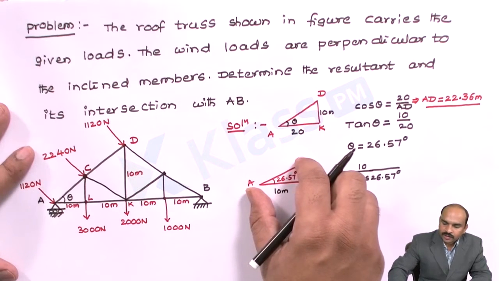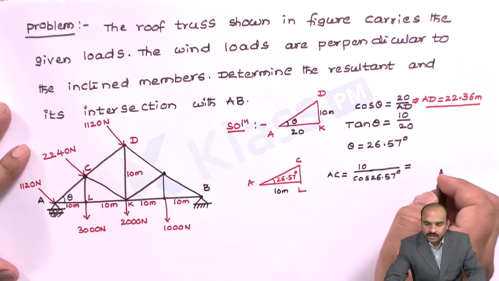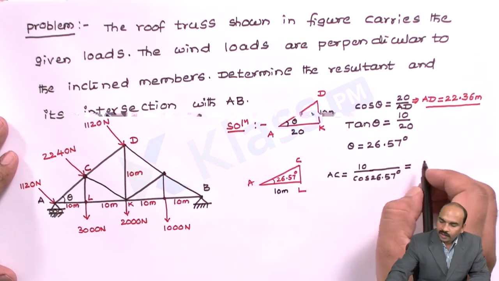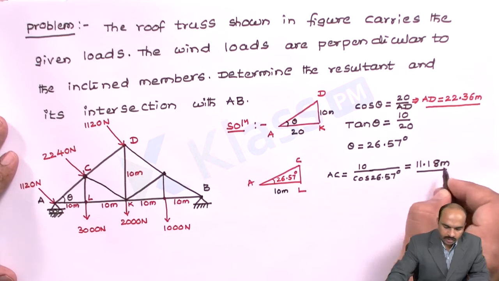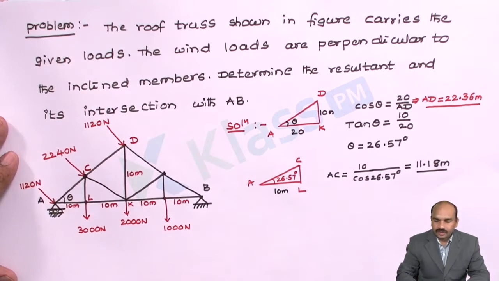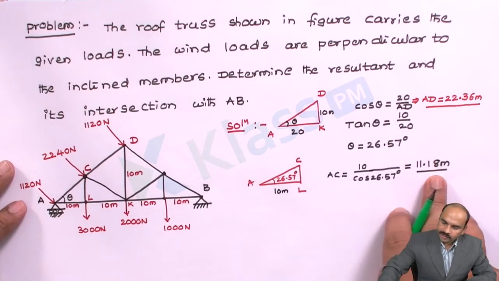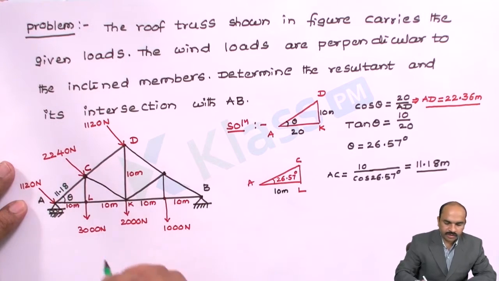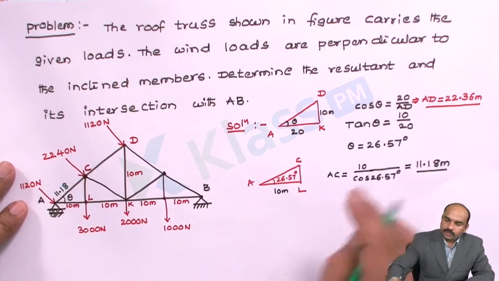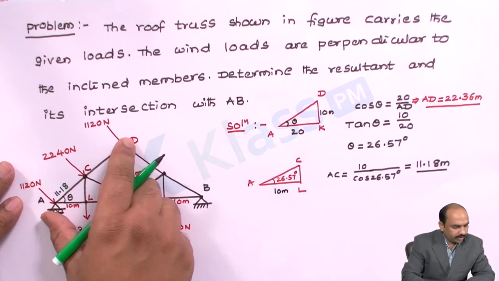From this, the length AC we get as 11.18 meters. So now we know all the distances, so we can calculate the remaining values. AC is 11.18, and this total AD is 22.36.